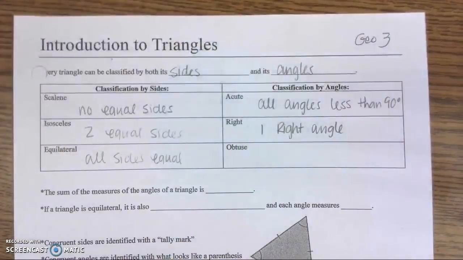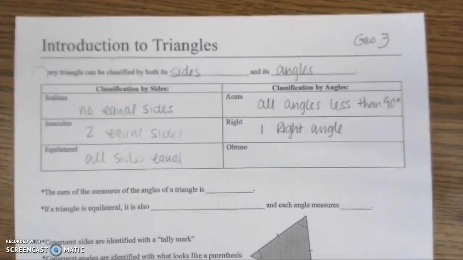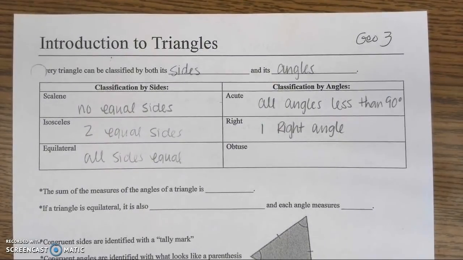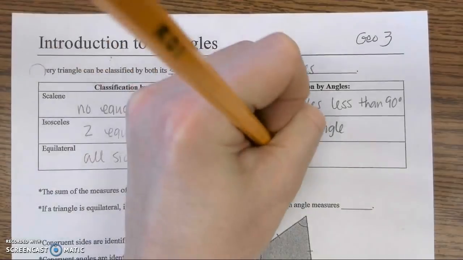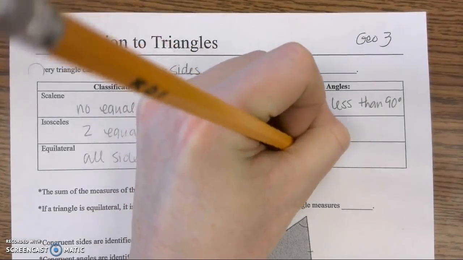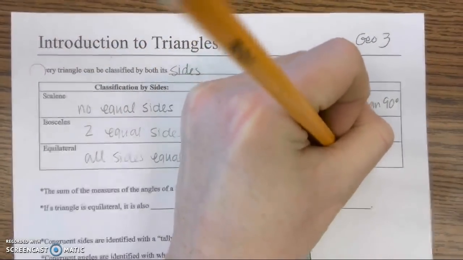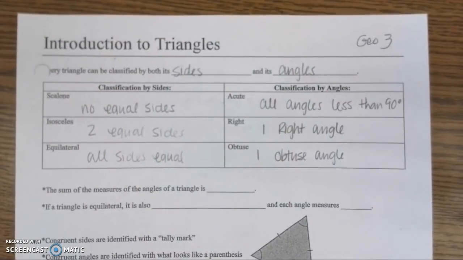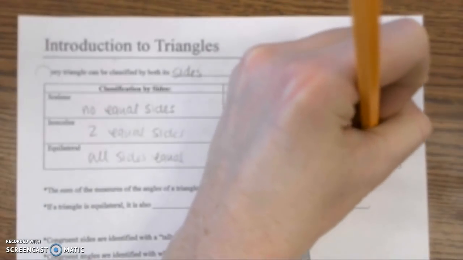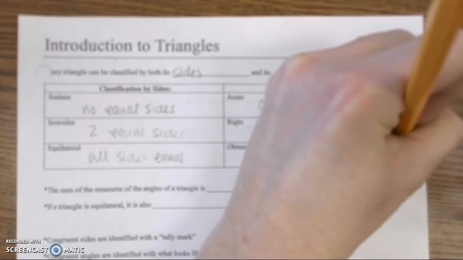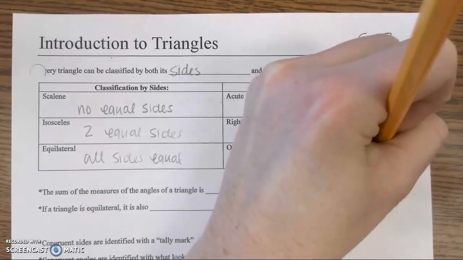So that means that that right angle is 90 degrees. For an obtuse triangle, it means that there is one obtuse angle. So that means that it's greater than 90 degrees.